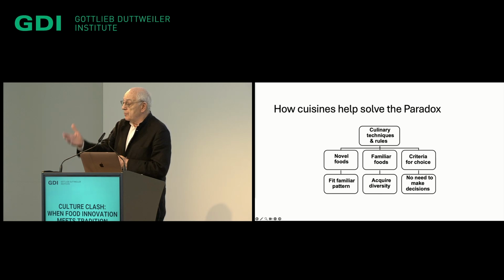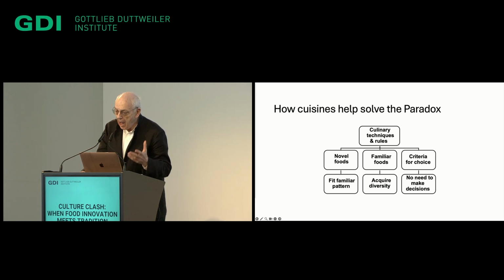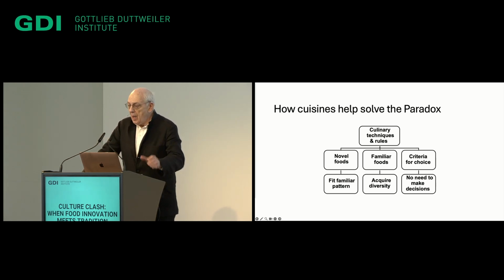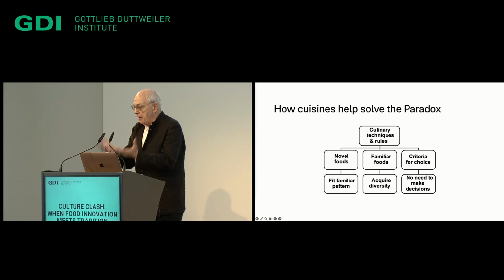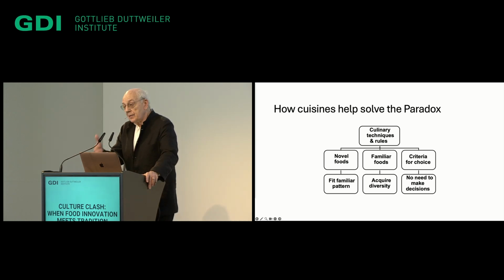If you have foods that are too familiar, too common, then you make them more diverse by using novel recipes and different combinations. For instance, you go to Portugal and you see they eat bacalhau, dried cod, almost every day. And they say, but we have more than 365 recipes. So you can make up diversity in something that is the same basic ingredient.